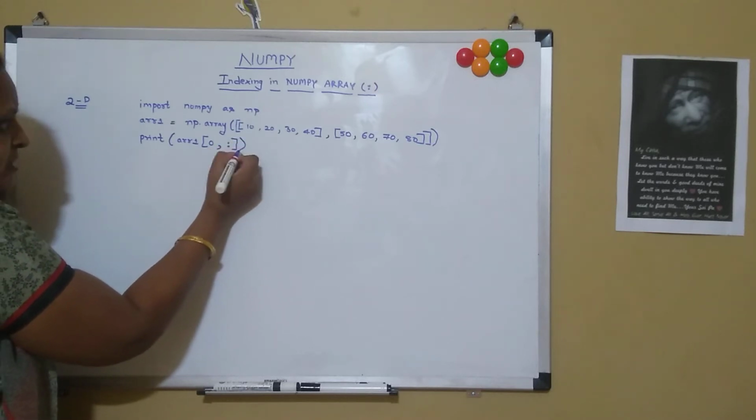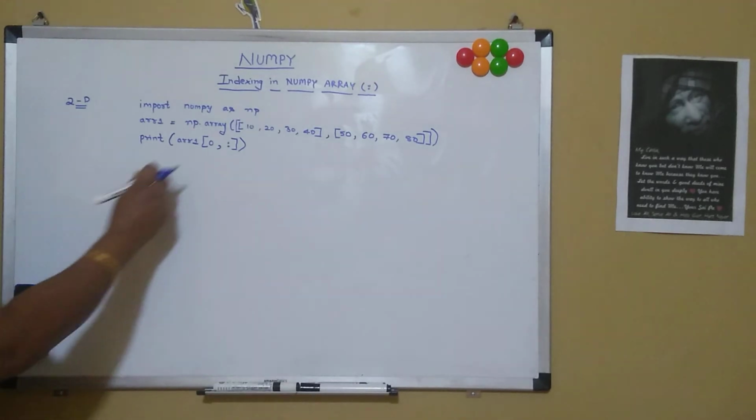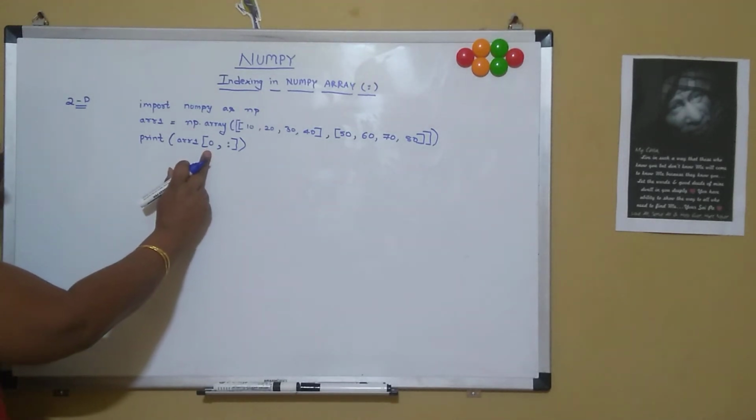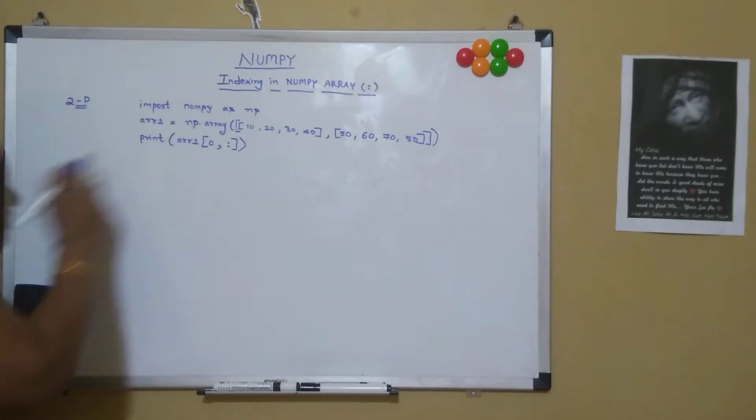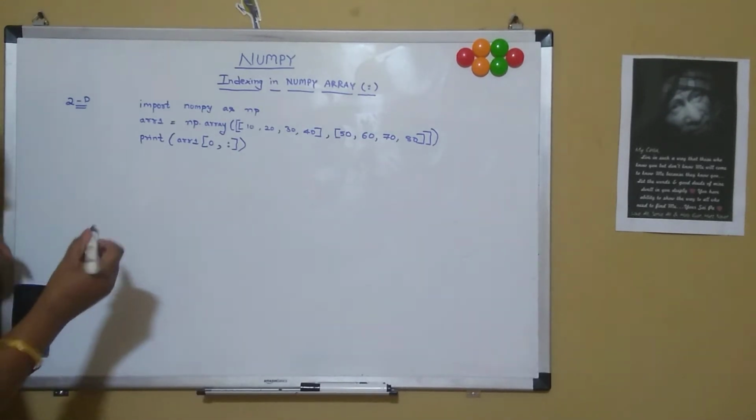Since it's a two-dimensional array, we have to give two index values. So the first index value I'm giving as 0, that is a hardcoded value, and the second one is a colon symbol.